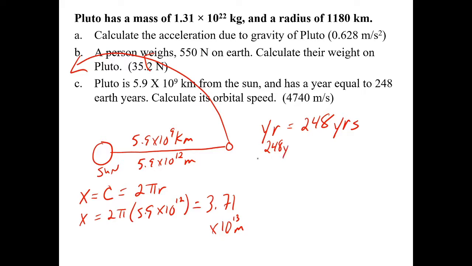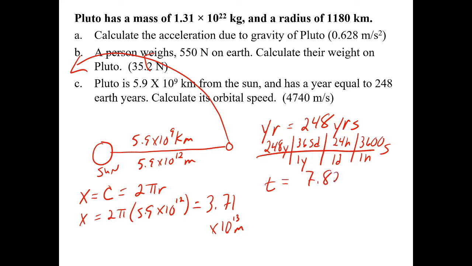Now, here's the real pain. We've got to take our 248 years, so 1 year is 365 days, 1 day is 24 hours, and an hour is 3,600 seconds. We've got to get the seconds, and it's going to be a huge number. So the time is 7.82 times 10 to the 9 seconds.